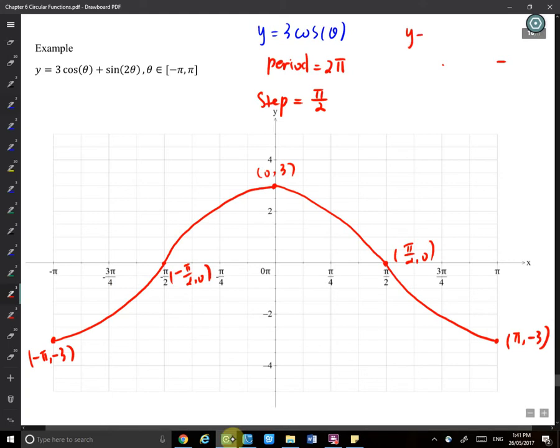Okay, y equals sine 2 theta. The period for this one equals 2 pi over 2, which is pi. Each step is pi over 4.